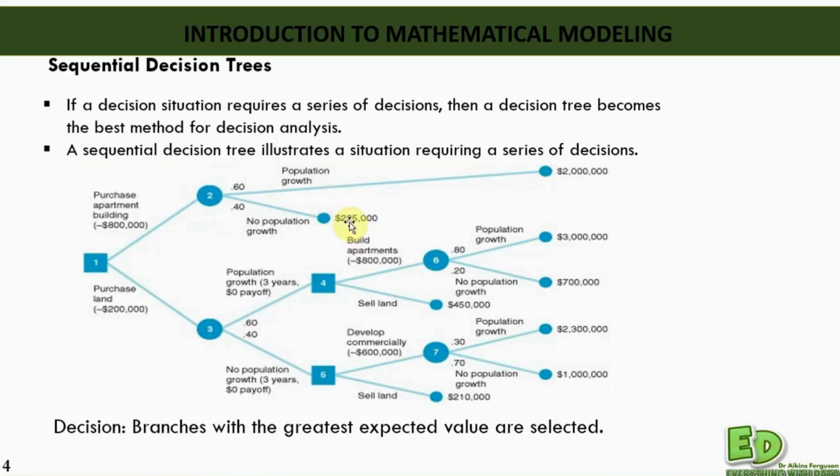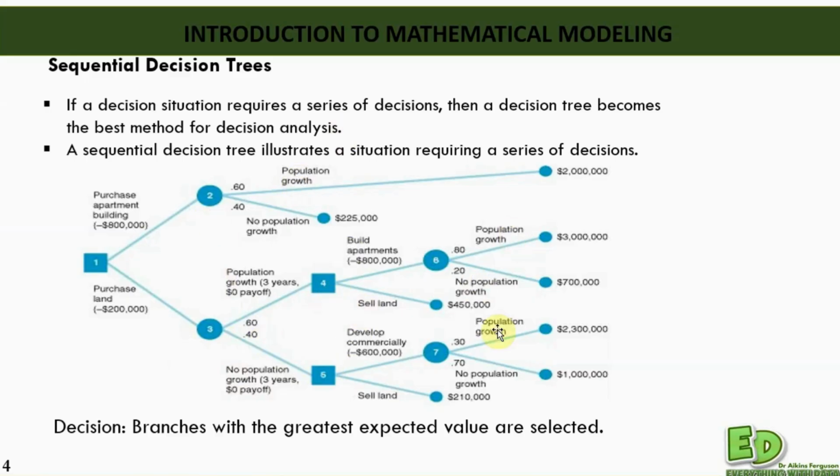And then with revenues at the end of the node, say with no population growth we'll have 225,000, and with population growth it will be 2 million, right? We have a third node based on this branch over here, which is when you purchase a land. It could be that the population growth in 3 years will be 0.6. No population growth in 3 years will be 0.4, right? So that's how the decision tree looks like.